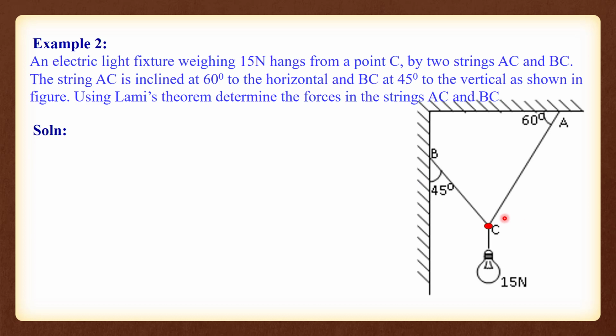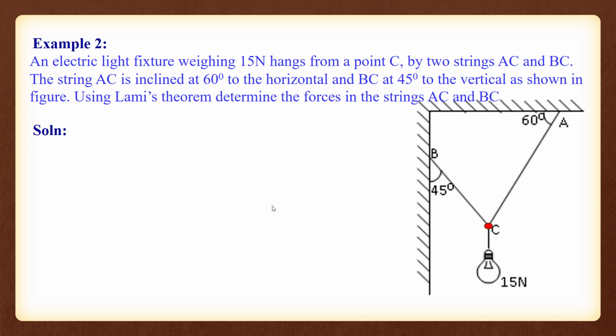So here also we need to find the forces developed in the strings AC and BC using Lami's theorem. Here the lamp is supported by the strings AC and BC. The weight of the lamp acts vertically downwards, and as a result, the force developed in the strings will be tensile.